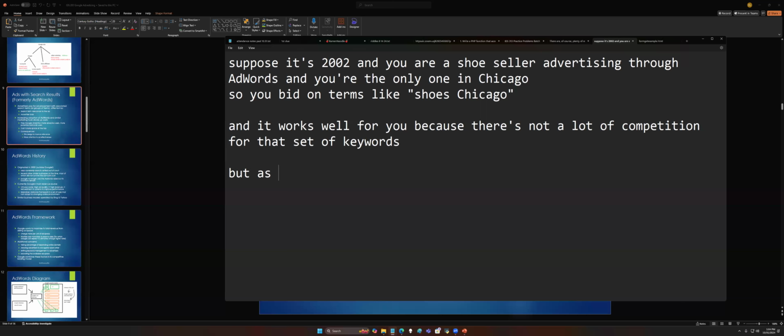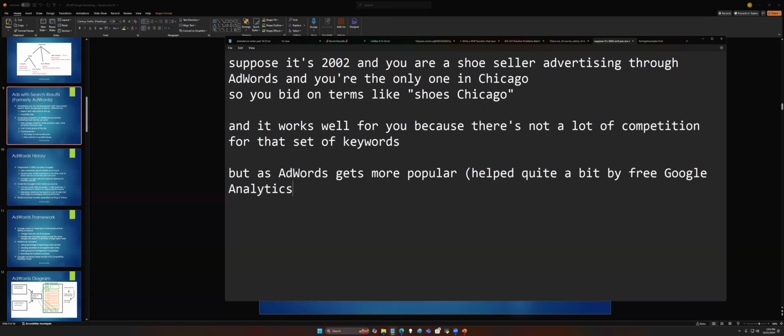But as AdWords gets more popular, and helped quite a bit by free Google Analytics, right? When Google Analytics came on the market in 2005, it was a very big thing because it was a powerful analytics tool. It was directly linked to Google, so advertisers didn't have to do all the computation work themselves, and it was free, right?